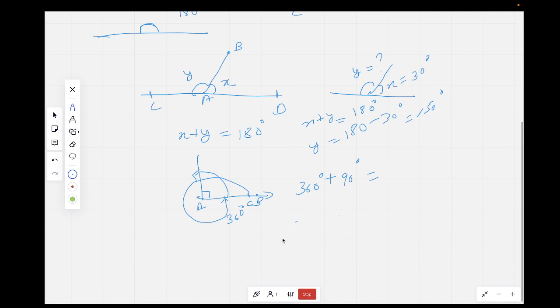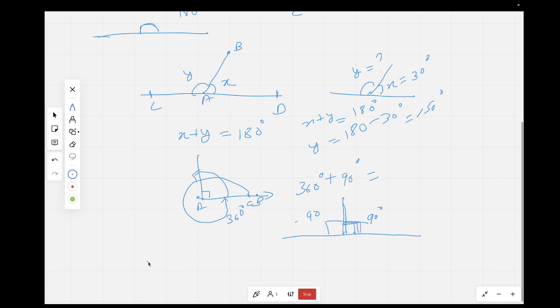Now this is an adjacent angle, but this line is now making 90 degrees. So this angle will be 90 degrees again, because the sum of both the angles should be 180 degrees. This particular case is called perpendicular lines.